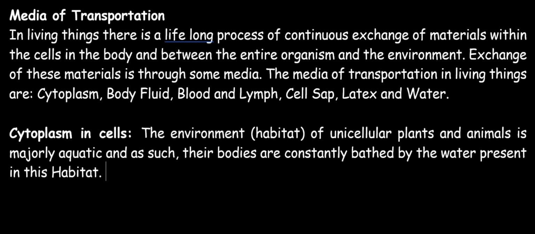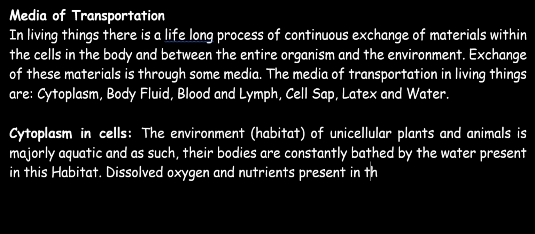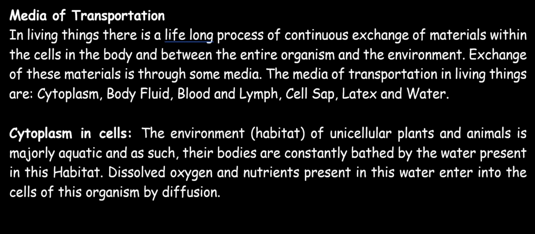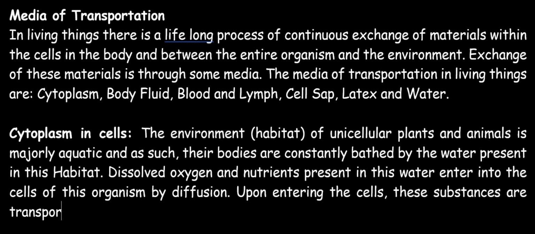So dissolved oxygen and nutrients that are present in this water can enter into the cells of this organism by the process of diffusion, and upon entering the cells, these substances can be transported to all parts of the cell by the process of cytoplasmic streaming.